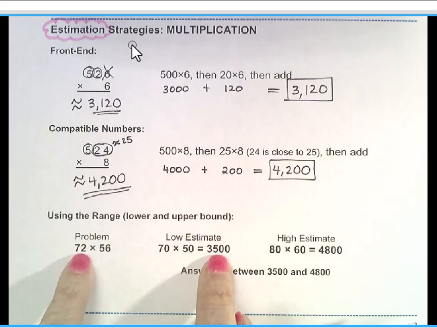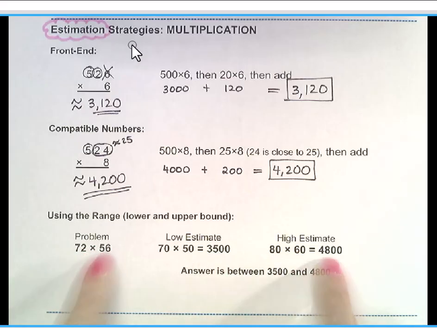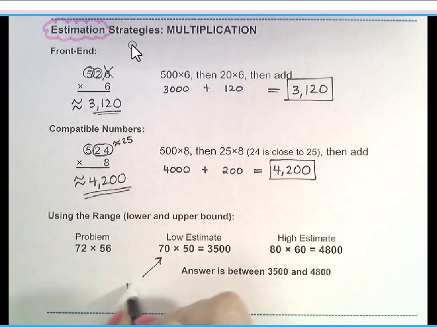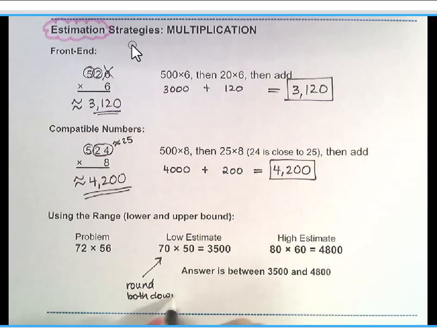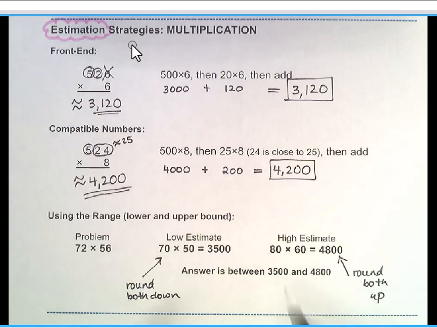If I round both numbers up, so round 72 up to 80 and 56 up to 60, that's 4,800. So what we find out is that the answer is somewhere between 3,500 and 4,800. That's our estimate. It's somewhere between those two numbers.